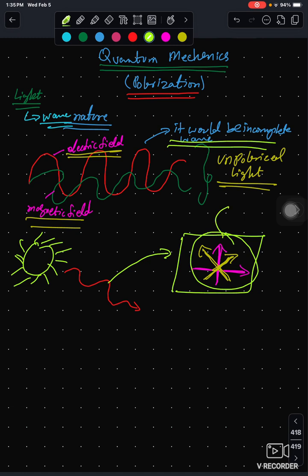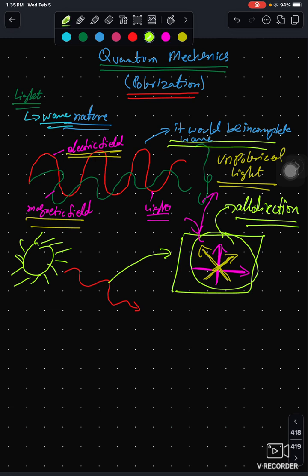So it's in all directions, not only one direction. This is what unpolarized light is, in which the oscillations of the light are in all directions.